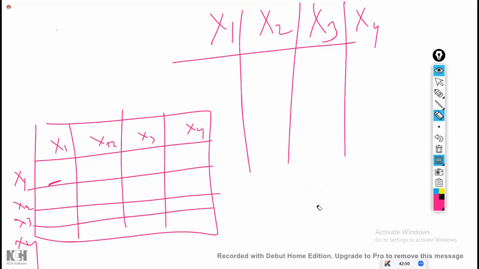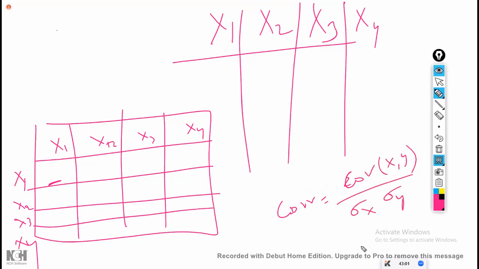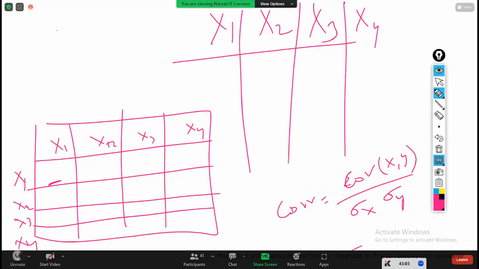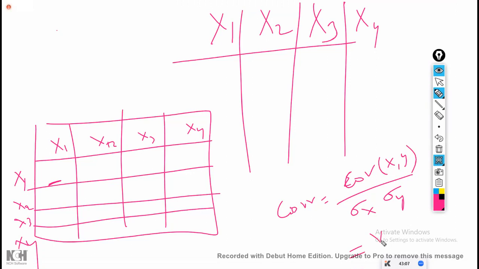What is meant by correlation? The formula of correlation is covariance of x comma y divided by sigma of x into sigma of y. Now, if both are the same variable, x1 versus x1, then covariance is the variance of x only.